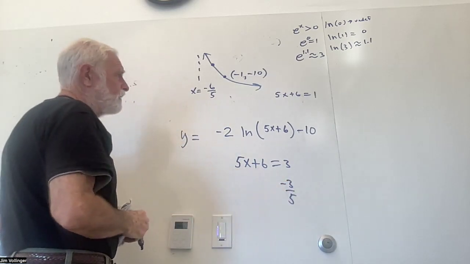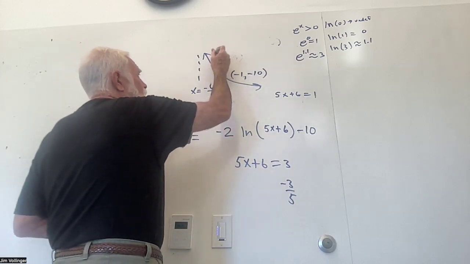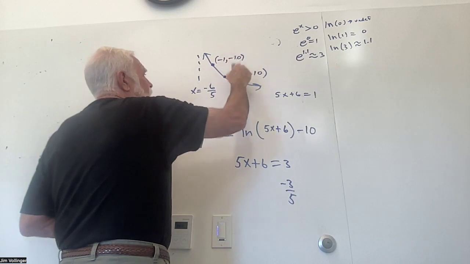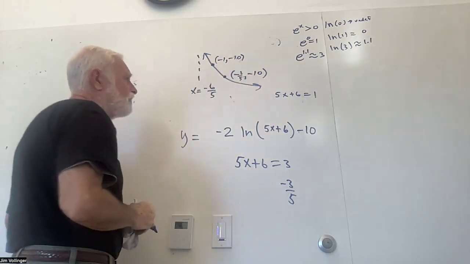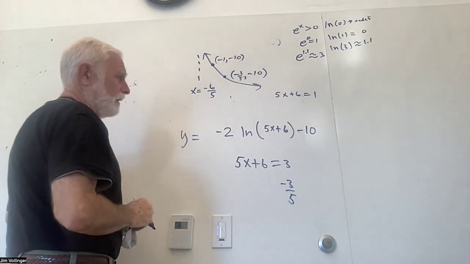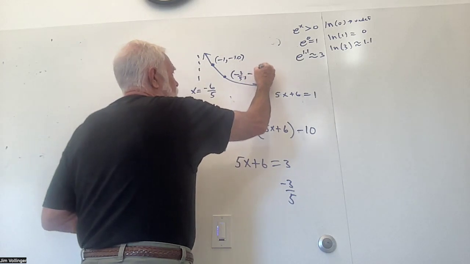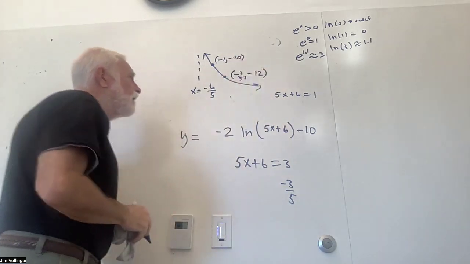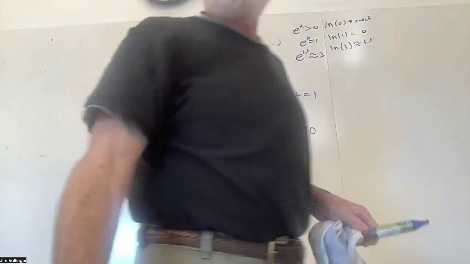So -1, -10, and minus 3/5 is to the right of -1. I haven't done these in a while, I gather. And that's going to get me -12. Yes, that's lower than that. All right, that should be correct, I hope. If it's not, I'm not making the video again. You just write to me and say, hey, did a clunker.